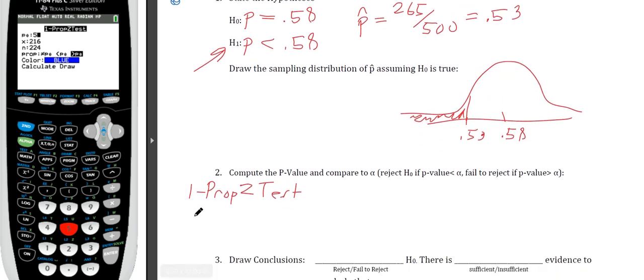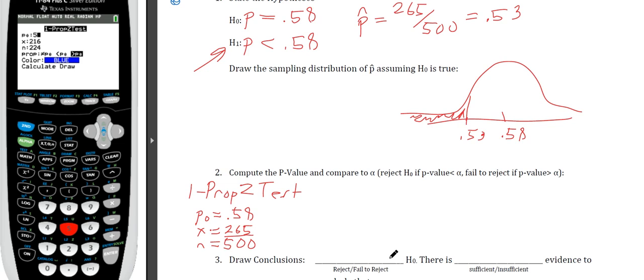All right, so p sub 0 is 0.58, x is 265 out of the total of 500. Notice that those two are always put in that order so that these two simulate the fraction itself.